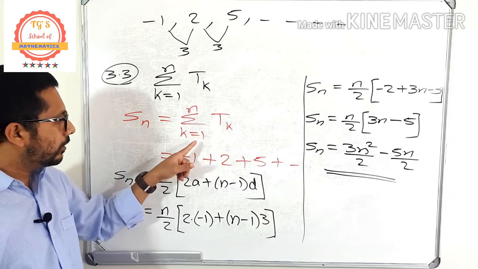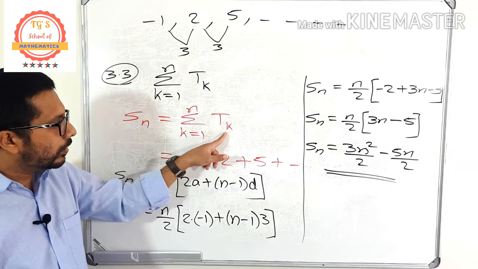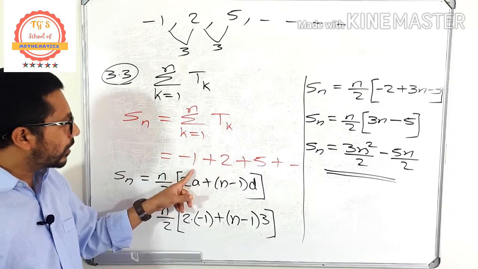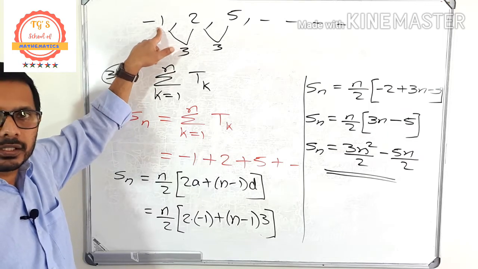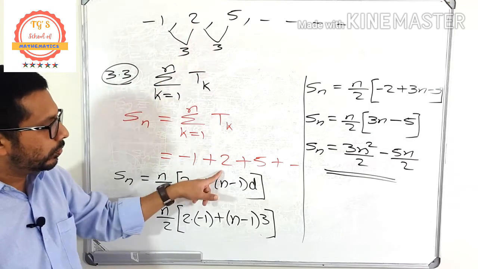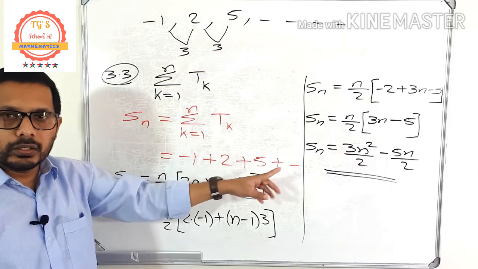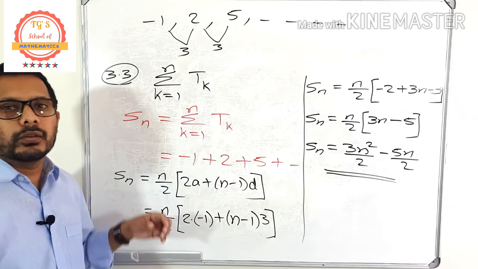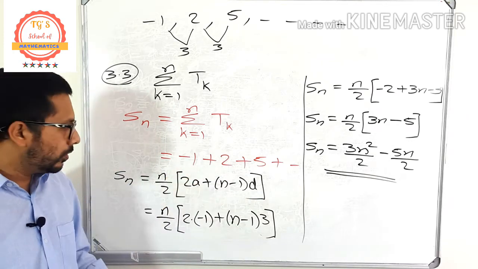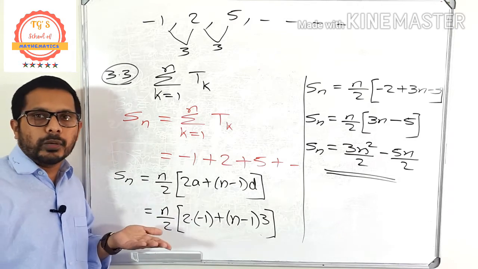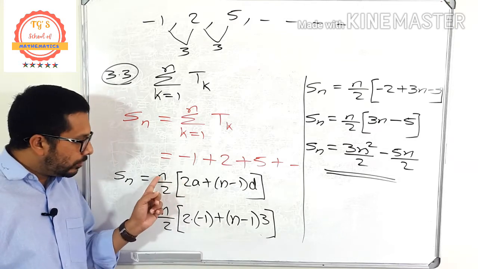When you substitute the value of k as 1, what is that? T1. T1 stands for the first term. The first term in the given sequence is minus 1. Then T2, the second term, is 2. T3 is 5, etc. In this series, you have to find the sum of the first n terms, leaving the value of n as it is.